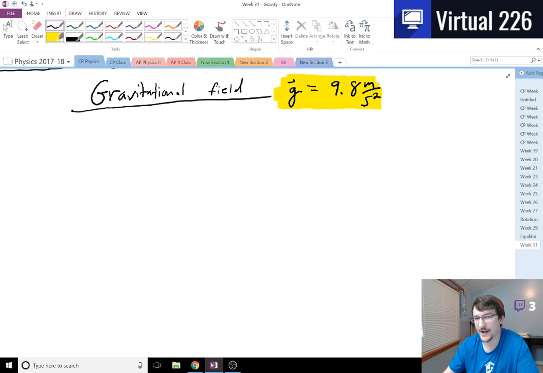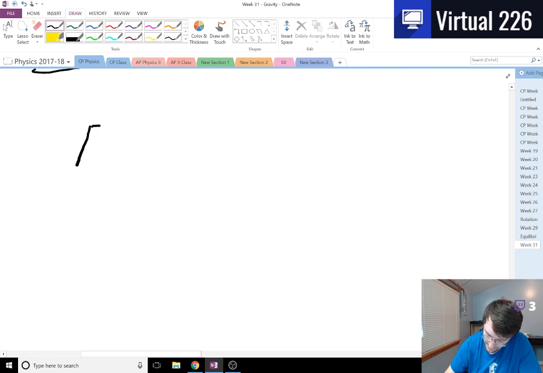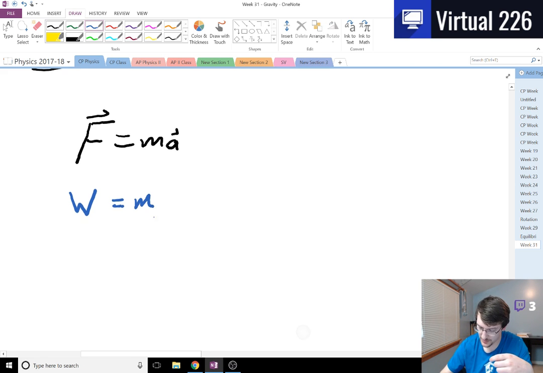The way we get this value of approximately 9.8 though has to do with everybody's favorite equation, F equals ma. Now this F equals ma works out just fine, but we also know that there's a specific form of this equation when we're talking about someone's weight: the weight equals the mass of the person times g, gravity.